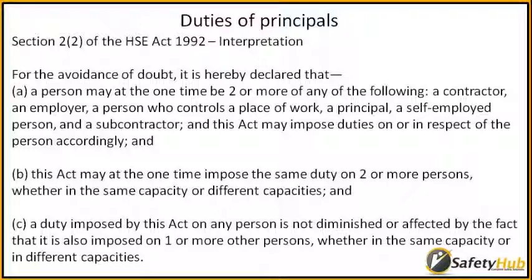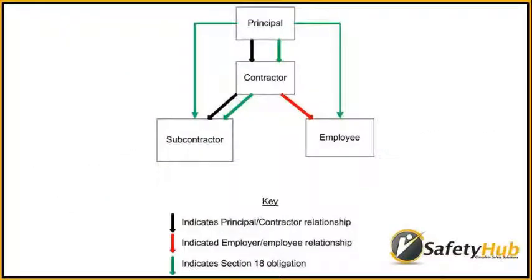Now, Section 2(2) of the Act basically means several parties can be the principal at any one time, and all key people have a duty to provide health and safety needs for their own areas of operation. Here is a basic example which you may be able to relate to. If you are the company or business sitting at the top of the tree as the principal, you have obligations under Section 18 to everybody completing the work, as indicated by the green arrows.